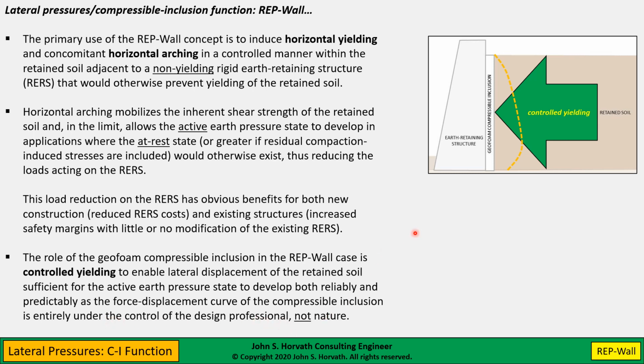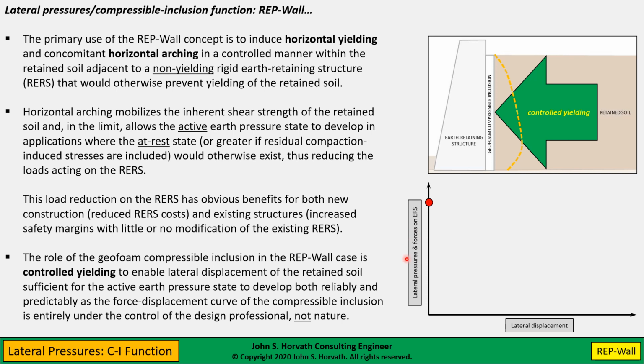So if we look at this problem analytically, here I'm showing the lateral earth pressure and forces on the earth retaining structure versus lateral displacement, and this red dot would be the baseline, in this case, the at-rest state with compaction stresses. We know from theory and research that the ground has a force displacement curve, so that if we allow displacement up to a certain point, we will achieve the active earth pressure state.